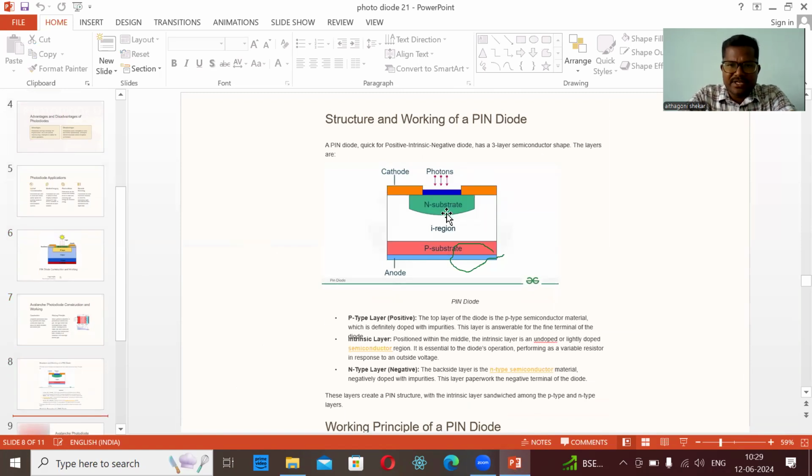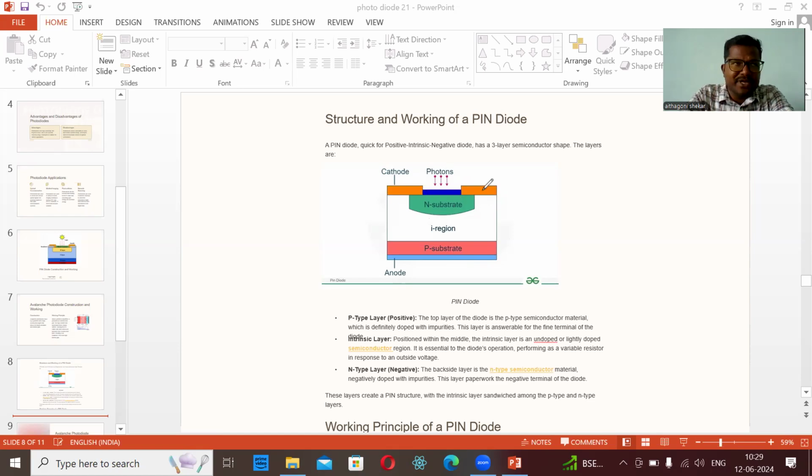Structure and working. The p-type semiconductor is connected with the anode, the n-type semiconductor with the cathode, and the intrinsic region is sandwiched between them. Sunlight or photon energy falls on the protector plate or metal plate and penetrates to the n-type semiconductor.